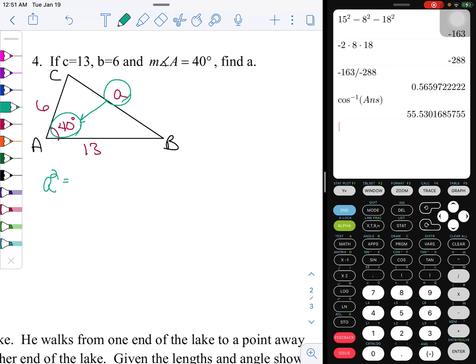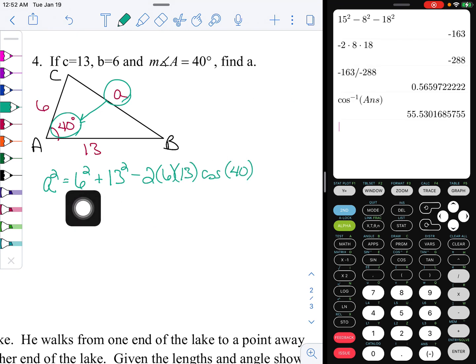So in this case, a squared is equal to, that's the unknown side, one of your known sides squared plus the other known side squared, minus 2 times those sides, cosine of your angle. In this case, we know this entire right side is numeric, so this whole thing can just go in the calculator. I actually like it when I need to find a side in law of cosines. It is one of the easier places to figure out.